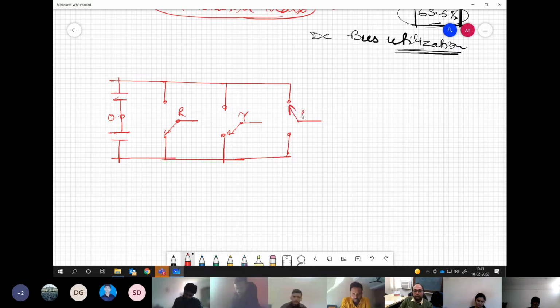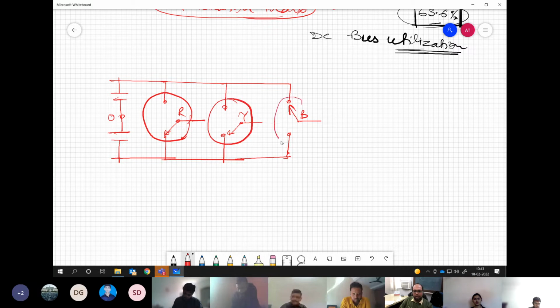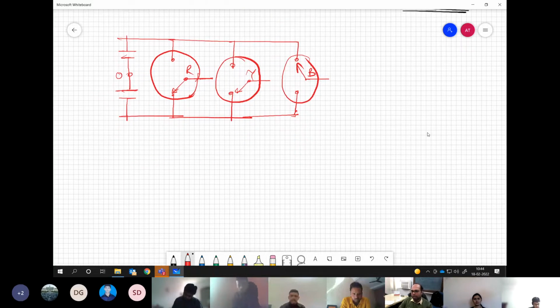So three SPDT switches are there. Now, if I have to operate this converter using this new PWM scheme, we need to have three modulating signals for the three-phase legs. For operating these three SPDT switches, we should have three different modulating signals.